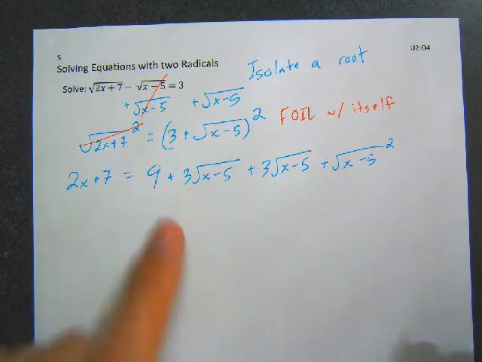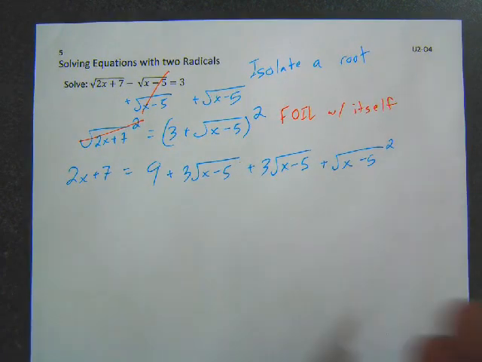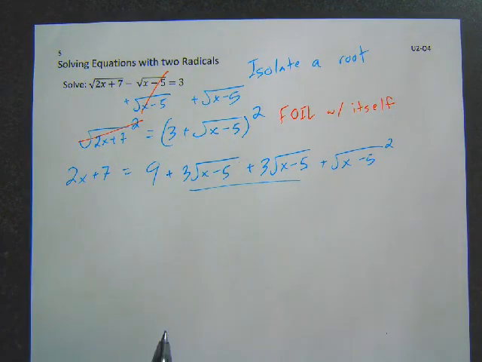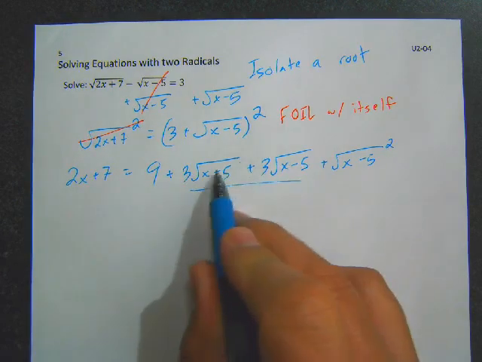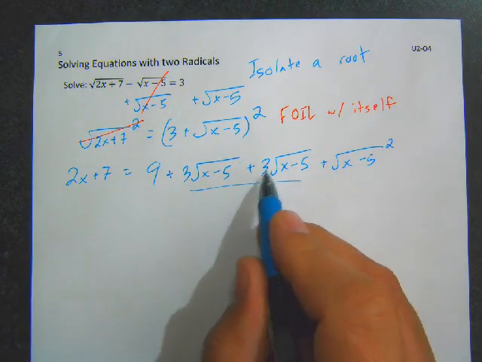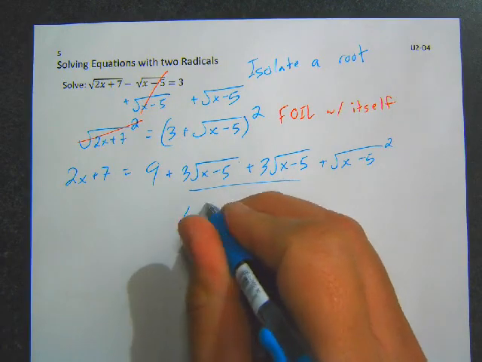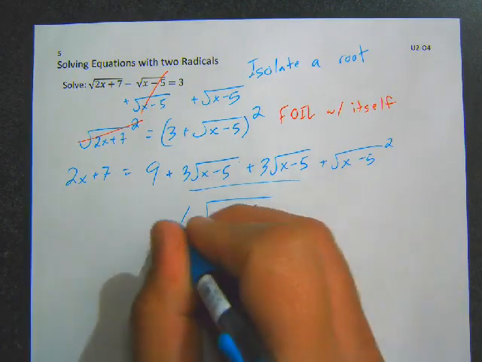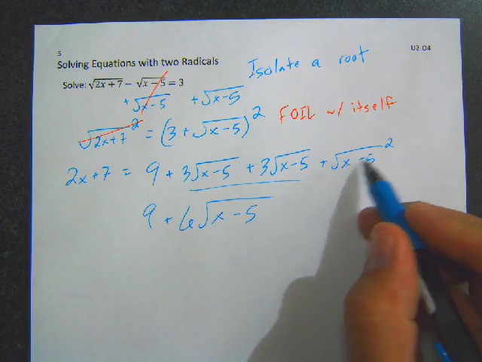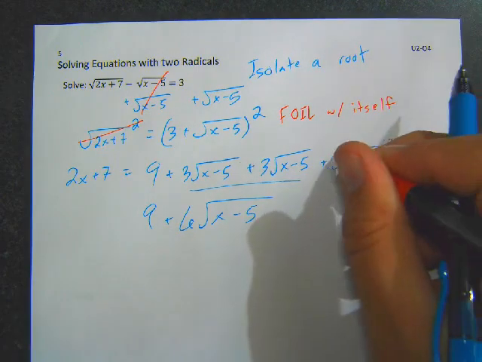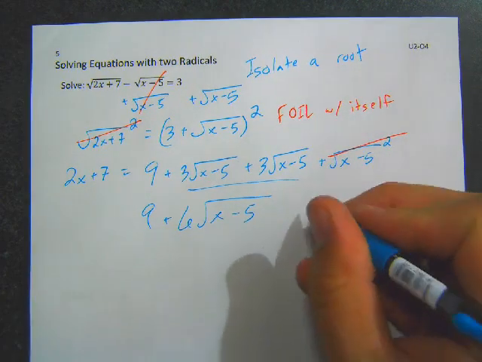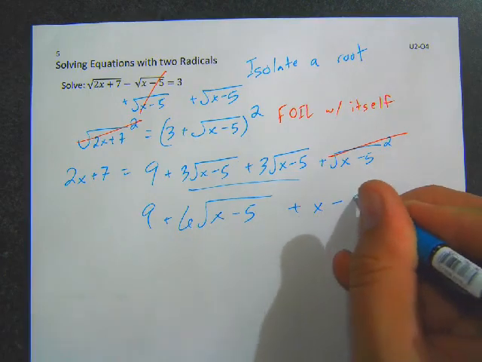But it should give you this when you multiply. The middle two terms here do match, so we can combine those, right? They have the same root on them. So we have 3 of these plus 3 more, so you end up with 6 of these root x minus 5s, with the 9 in the front. Here on the back, notice that the root and the square cancel, so we end up with just x minus 5.